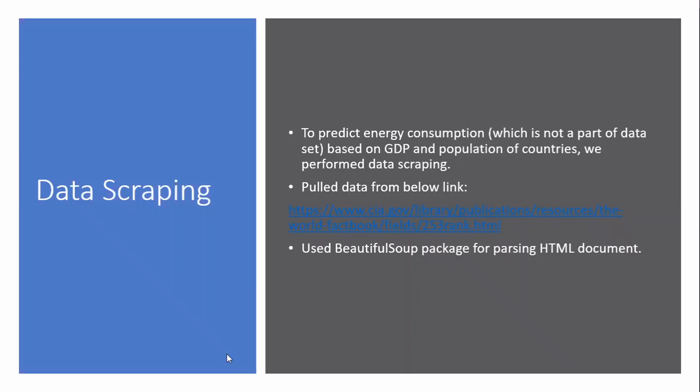In this case, we selected energy consumption, GDP, and population. However, in our dataset, GDP is actually GDP per capita, so we had to create a new column that is the actual GDP, that is GDP per capita times population, and with that new column we built our model.